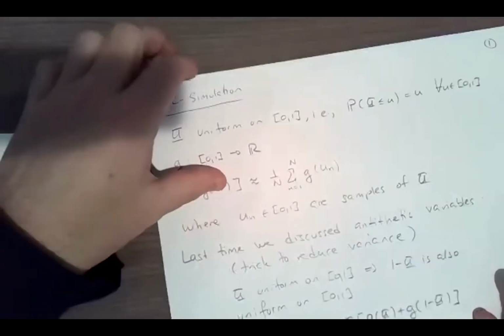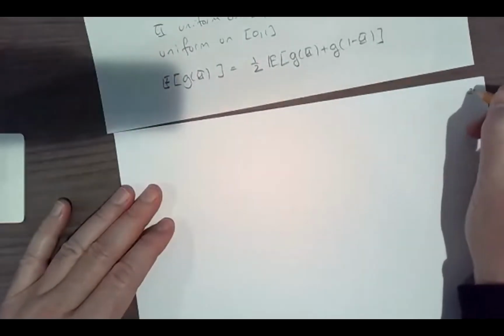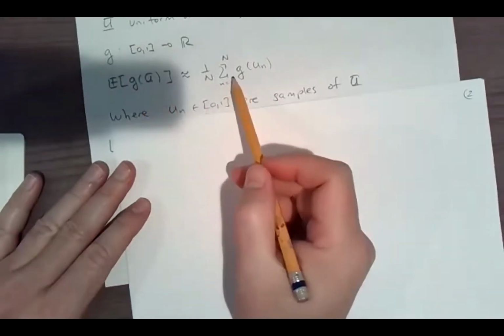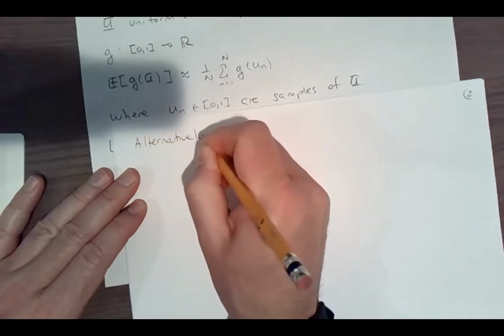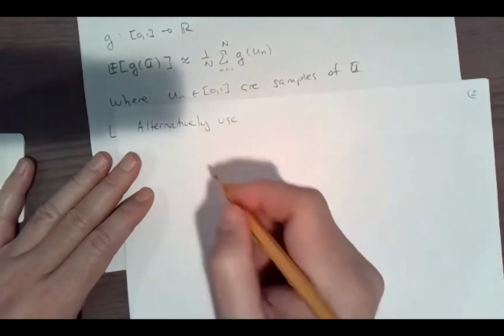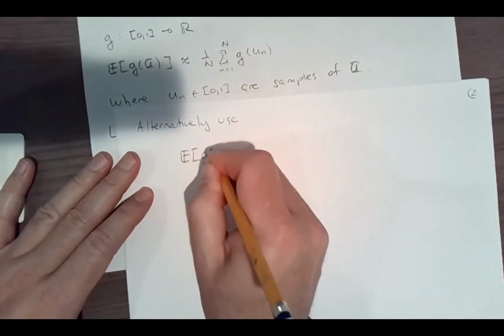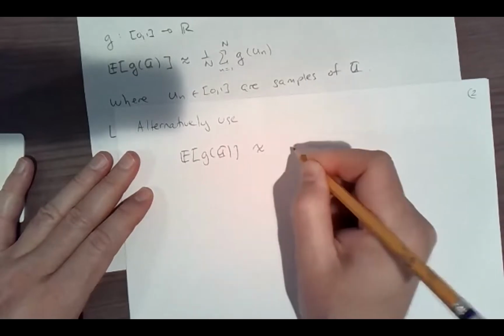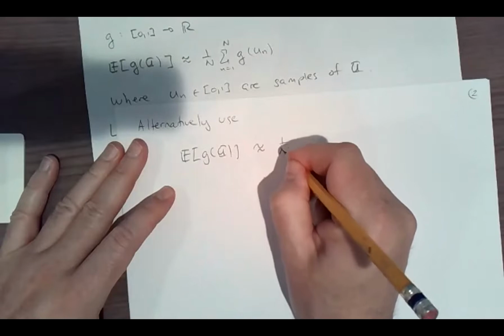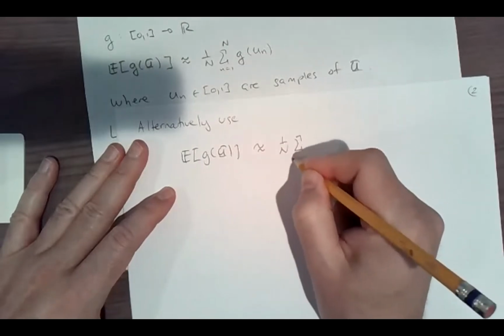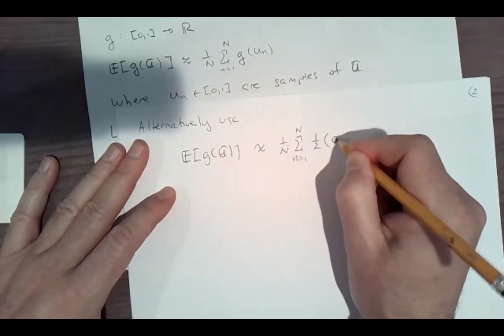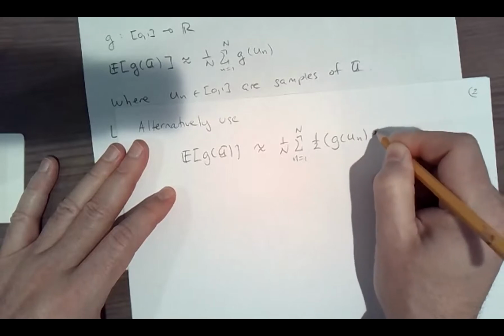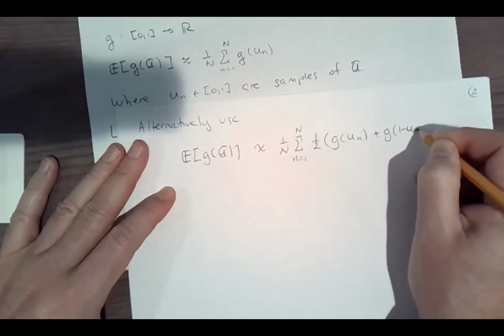So we could alternatively sample, instead of the formula here, approximating this expectation by 1 over n, the sum, of 1/2 times g of u_n plus g of 1 minus u_n.